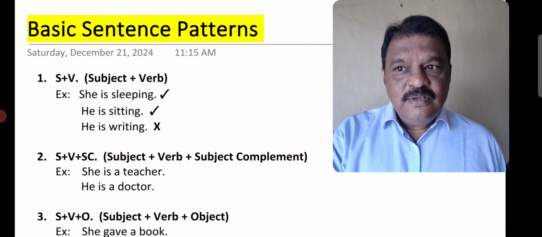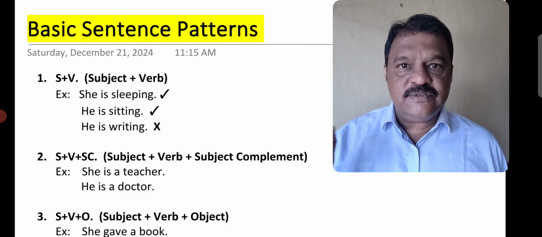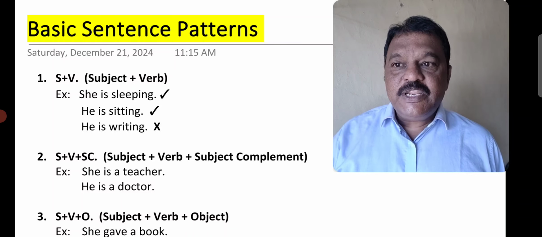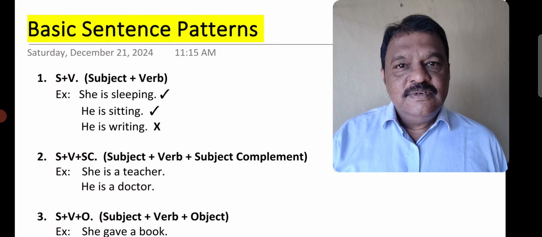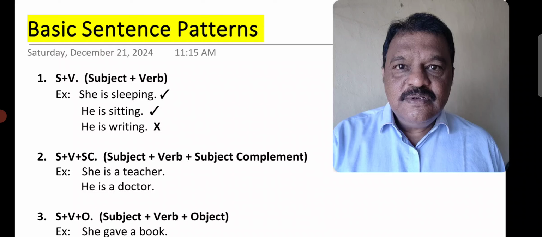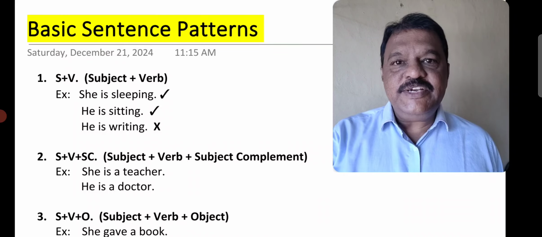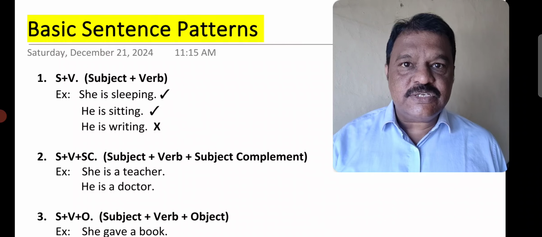So, just after the verb, you can keep a full stop and you can end your sentence. But if you use transitive verbs, you need an object to be written after the verb in the sentence to complete the structure.